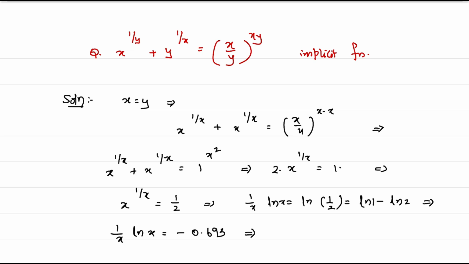Can we solve this? Just ask yourself for a minute. This becomes ln x by x is equal to minus 0.693.